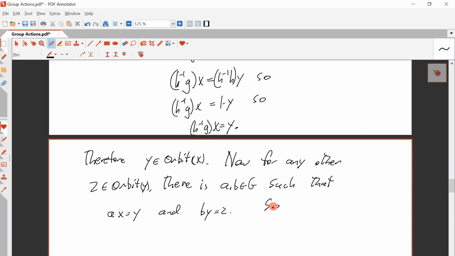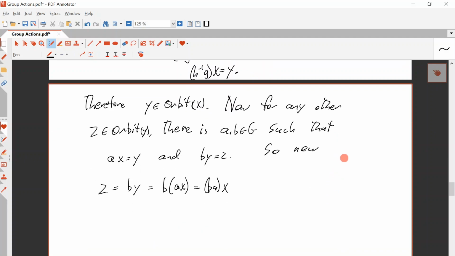So now, z is equal to b times y is equal to b times ax is equal to bax. Thus, z is in orbit x, because the action of ba on x goes to z. So, orbit y is a subset of orbit x.